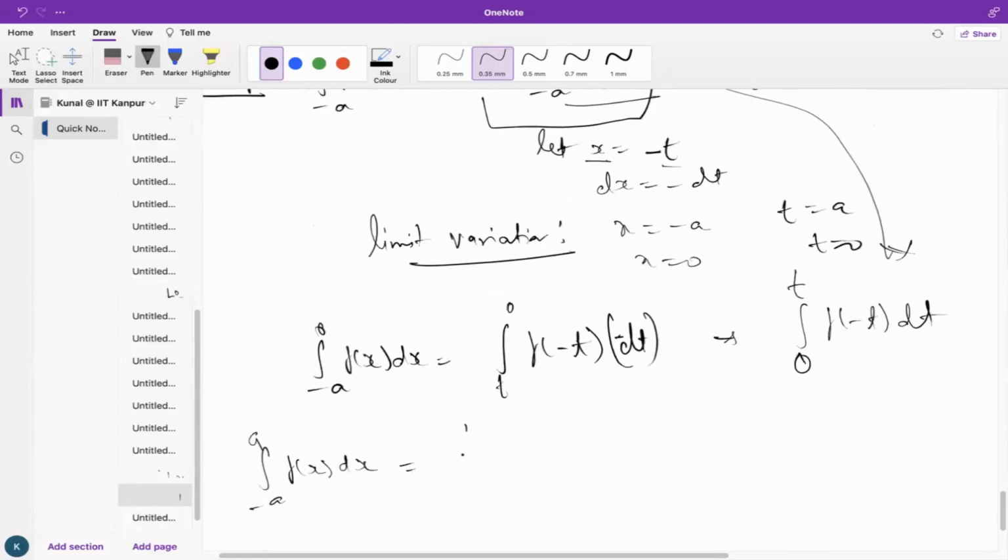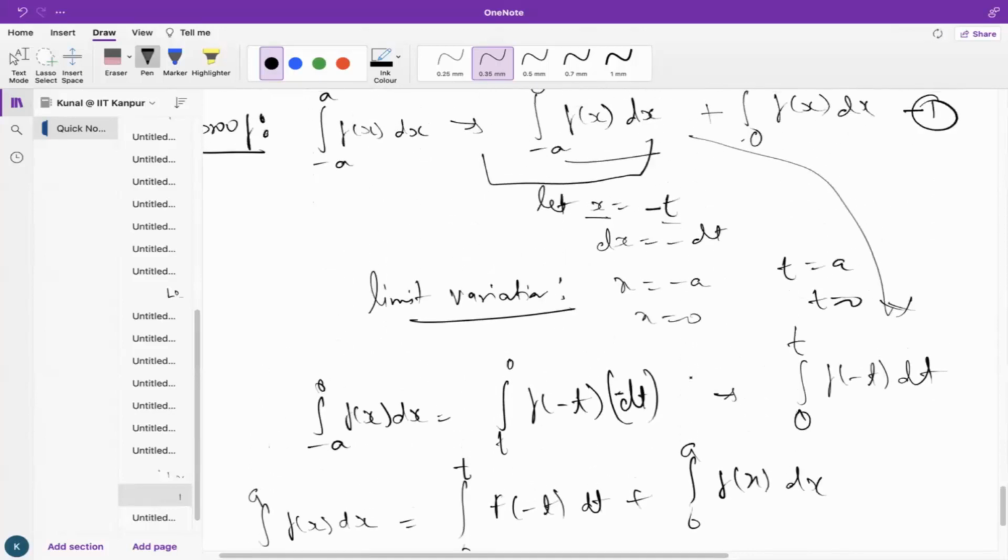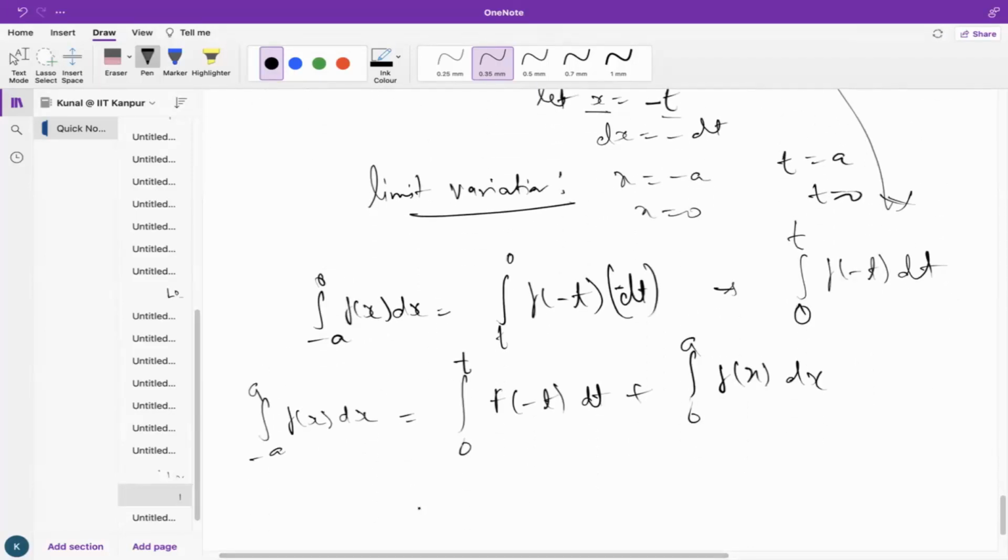So let's write here. We are integrating from 0 to a of f(-t) dt plus 0 to a of f(x) dx. So t is a variable here and x is also a variable, so we can interchange the variable and we get the same thing.